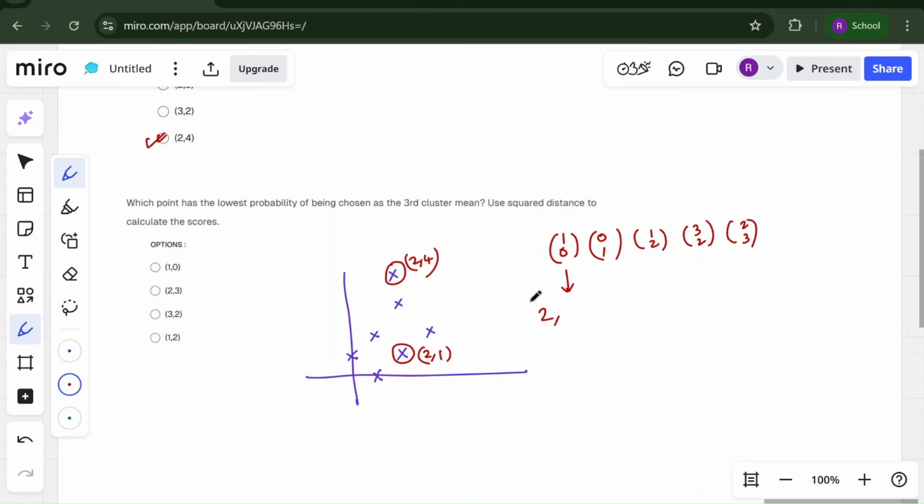And the second one will be 4 square and 1 square, which is 17.